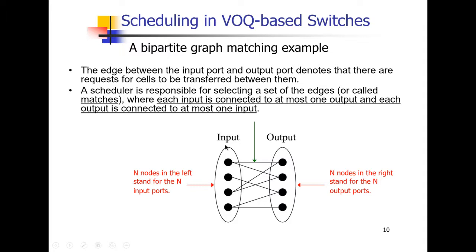Obviously a matching that tries to satisfy the requests as much as possible. A match in the graph that represents the cell transfer is an edge that connects an input node to an output node. And each input is connected to at most one output, and each output is connected to at most one input.